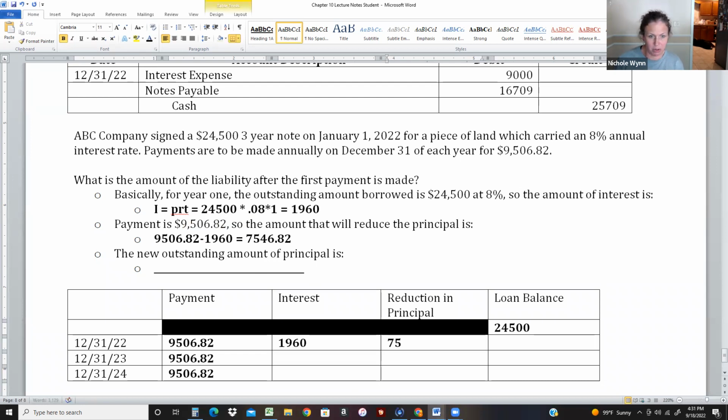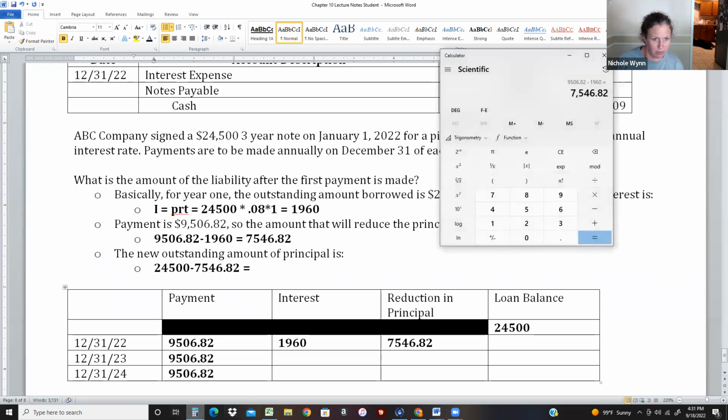So that's the amount that goes to principal. And so that amount knocks off of your loan balance. And so once you make this payment, your loan balance becomes $16,953.18.